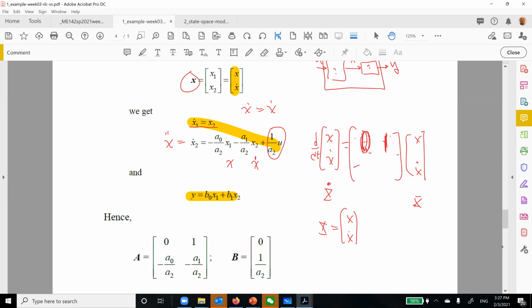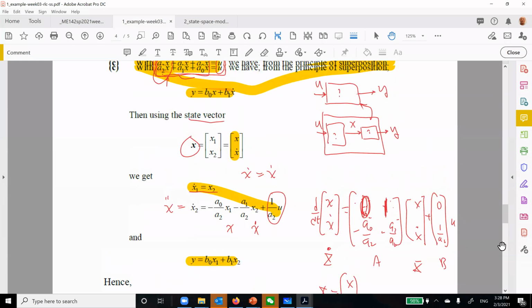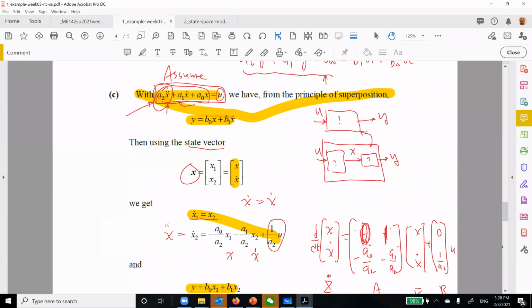This one is minus a0 divided by a2. This is minus a1 divided by a2. Then plus this one, you have 0 times u, and you have 1 over a2. So this is exactly the A, and this is exactly the B. So I just wrote the second order system like this, okay?